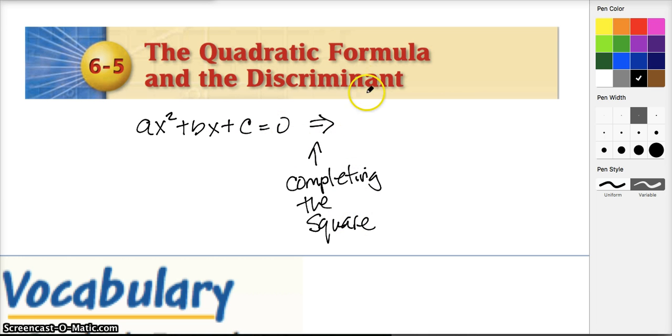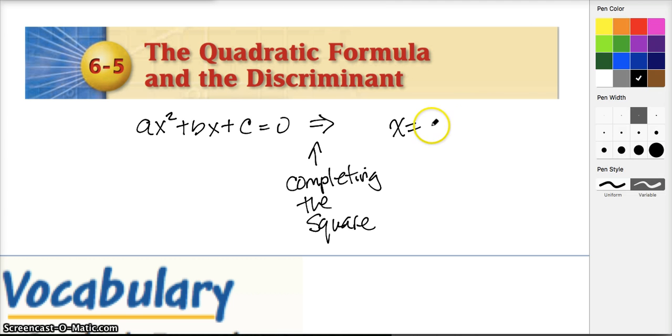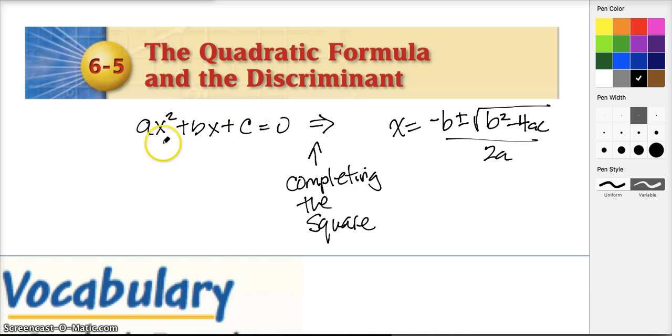After completing the square, we found that x is equal to negative b plus or minus the square root of b squared minus 4ac, all over 2a. We have this cool little rule we can use every time, because mathematicians often take a general thing and apply a specific thing to it to get another general thing.